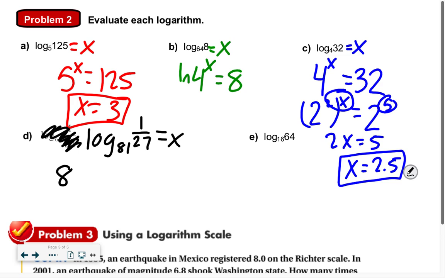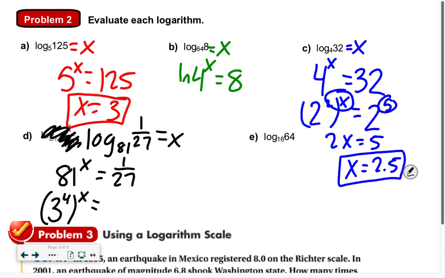81 to the x power equals how much? 127. Are 81 and 27 the same power? No. 2 is not going to work as a base. What is going to work? 3. 81 is 3 to what power? 4.